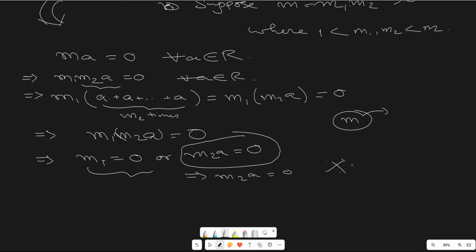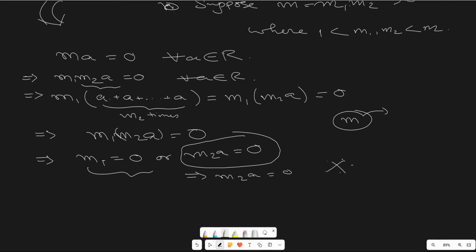Are you getting my point? I have assumed that m is the characteristic of the ring or integral domain R, and I am getting that m2, which is smaller than m, still gives m2 times a is 0. That means it contradicts the fact that m is the characteristic of the ring, okay?